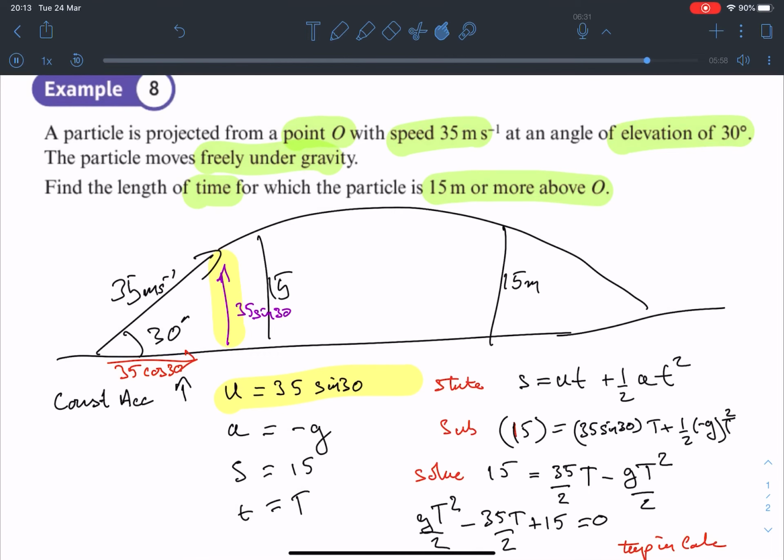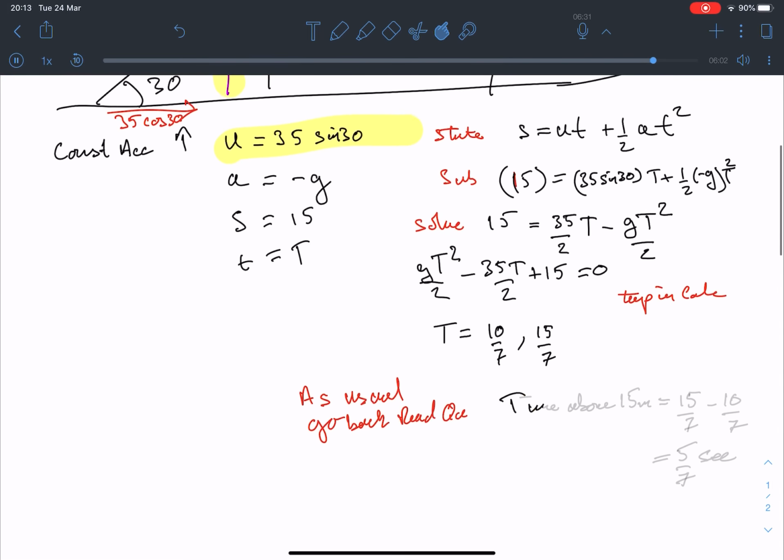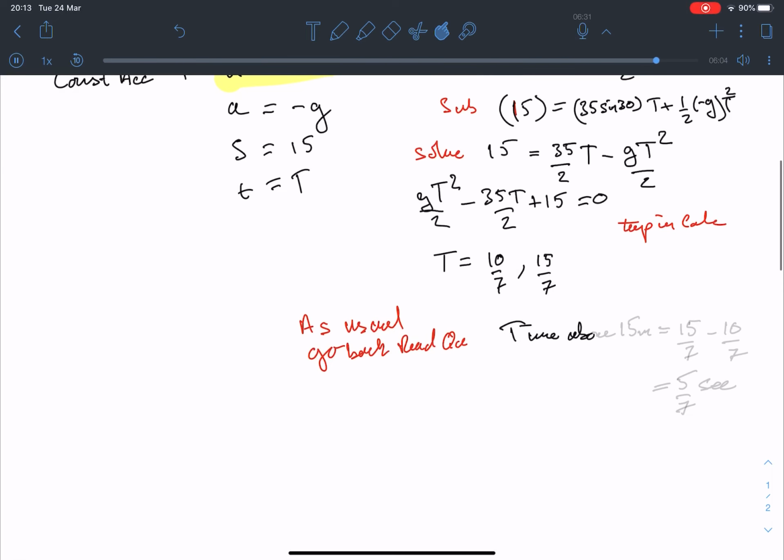So the time above 15 metres equals the difference in their times. So 15 over 7 minus 10 over 7, which is 5 sevenths of a second.